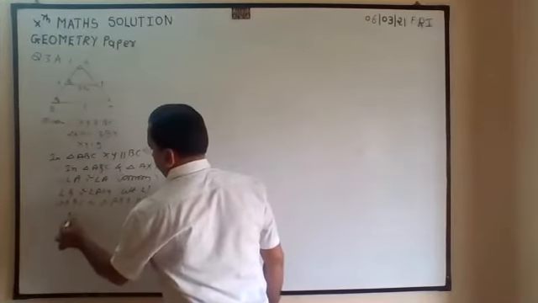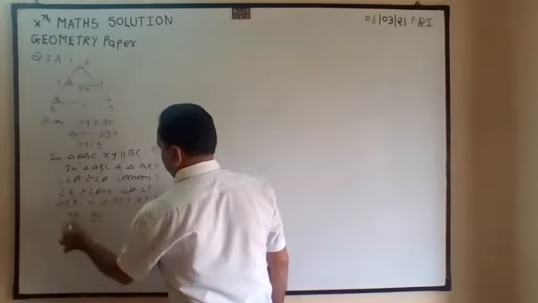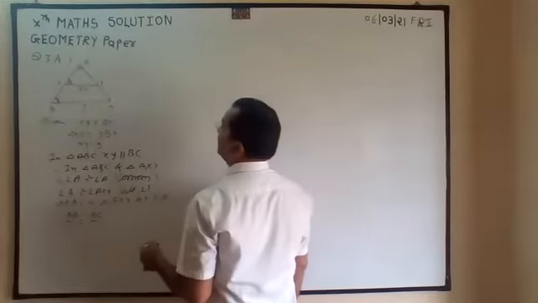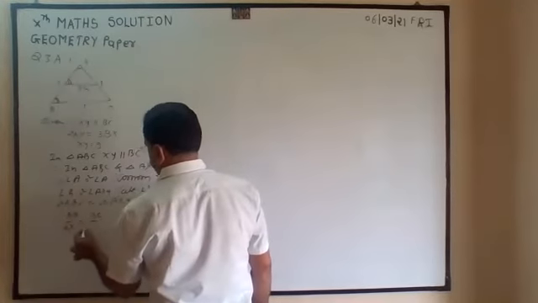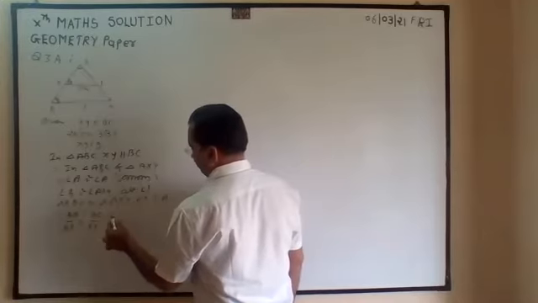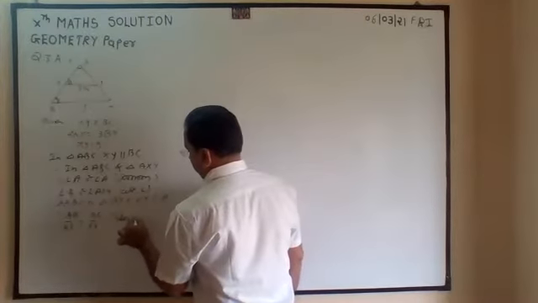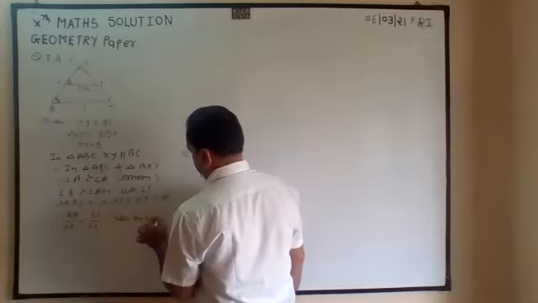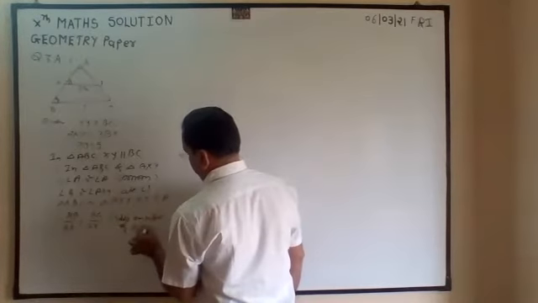Therefore, AB over BC is equal to AX over XY. Sides are in proportion of two similar triangles.